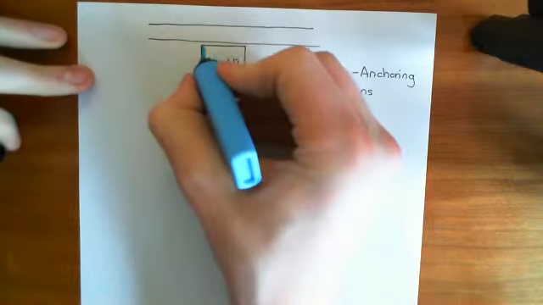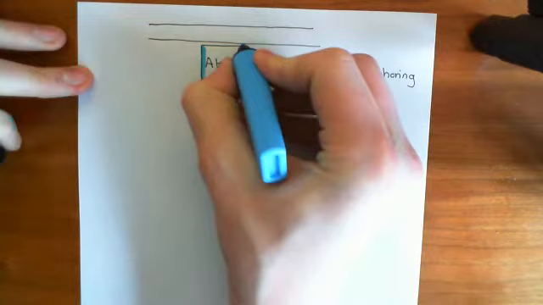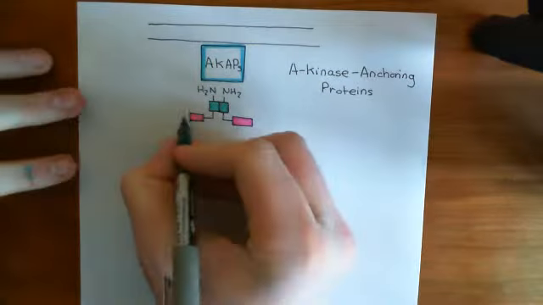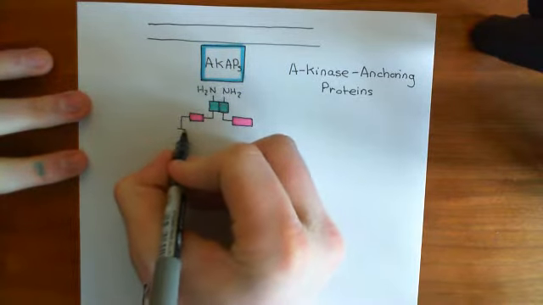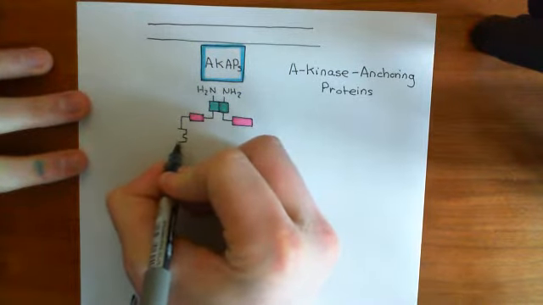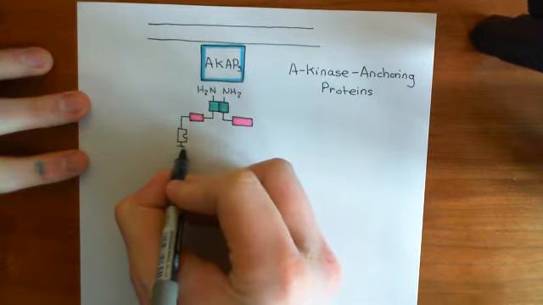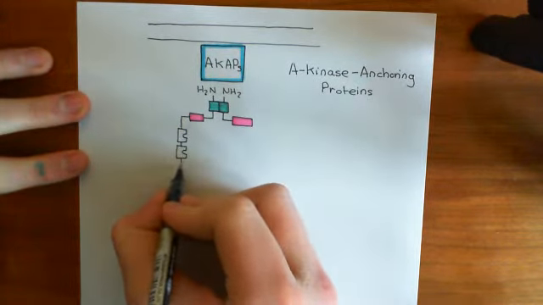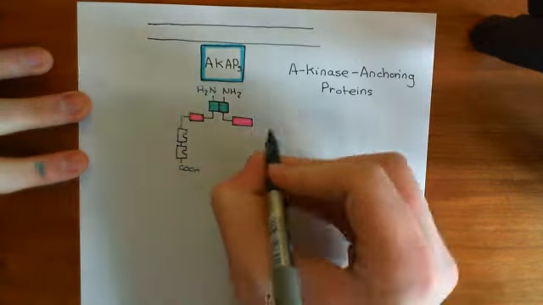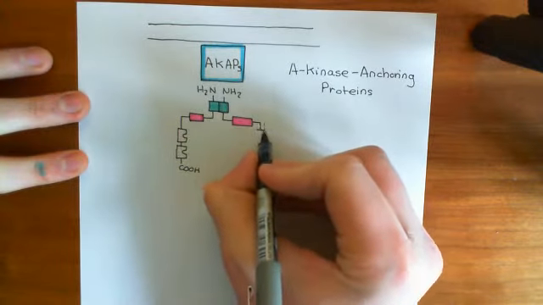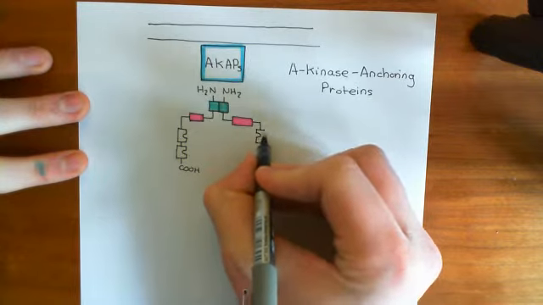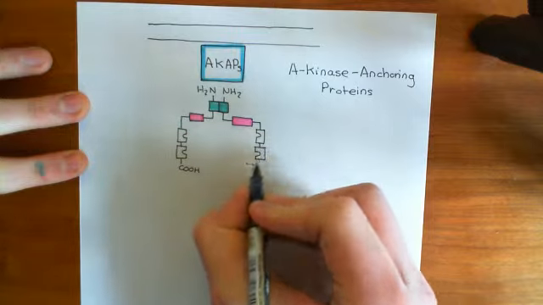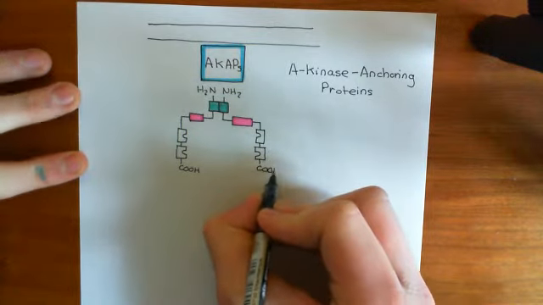In blue here is our ACAP, okay, which was a bad choice of color because I colored the cyclic AMP binding domains in blue as well, but never mind. Okay, so here are our two cyclic AMP binding domains that are in tandem, like so, and then here is the carboxylic acid terminus of this regulatory subunit, and then we'll have the same on the other side. So here's our first cyclic AMP binding domain, here's our second cyclic AMP binding domain, here's our carboxylic acid terminus.